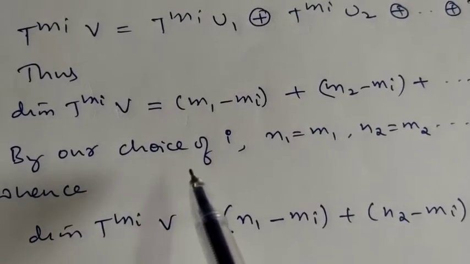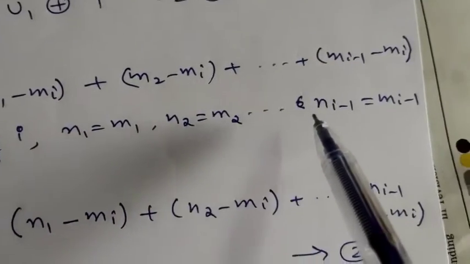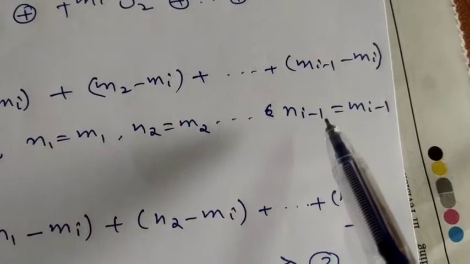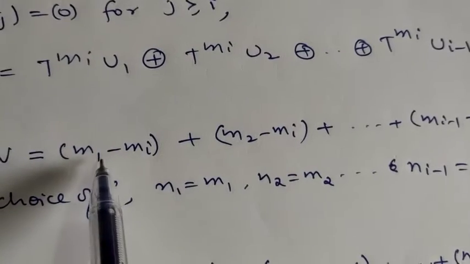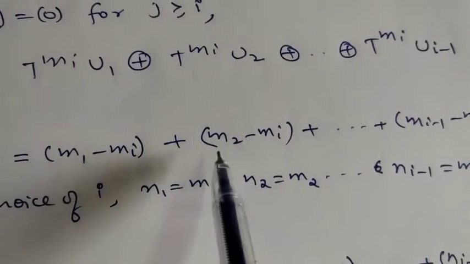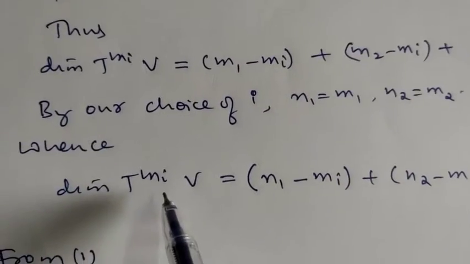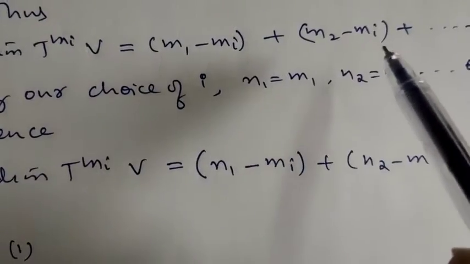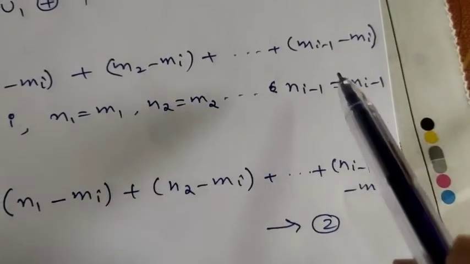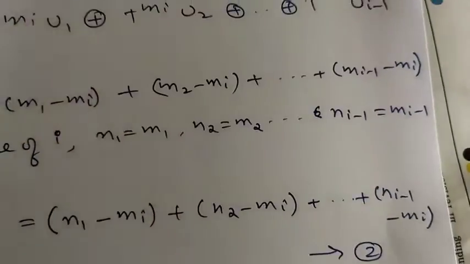Therefore, by choice of i, n1 is the same as m1, n2 is the same as m2, etc., ni minus 1 is the same as mi minus 1. Therefore, I can substitute m1 in place of n1, m2 in place of n2 and so on. Therefore, the dimension of Tmi of v becomes n1 minus mi, n2 minus mi, etc., ni minus 1 minus mi. Call this number 2.